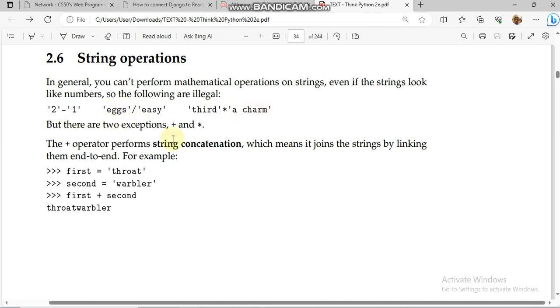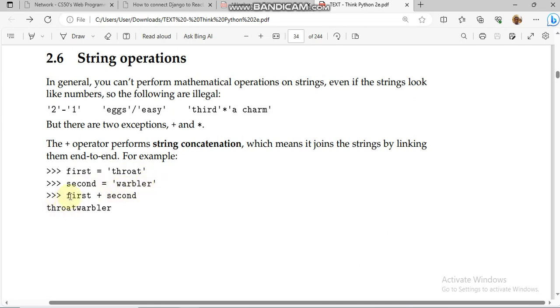But there are two exceptions, the addition and multiplication operators. These operators work on strings differently. The addition performs string concatenation, which means it joins the strings by linking them end to end. Let's say for instance I have first, which has the value 'truth'. Then I have the variable second, which has the value 'Webler'.